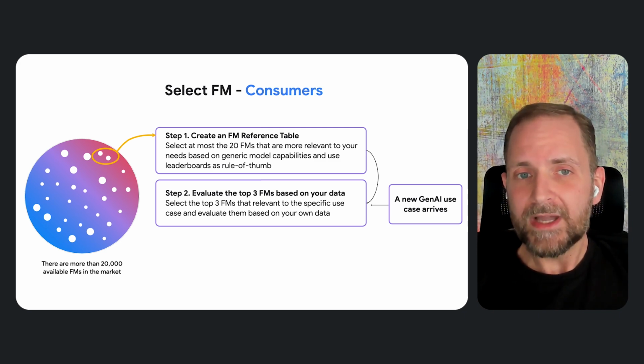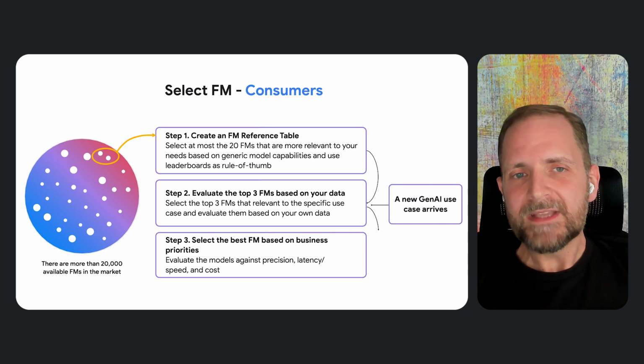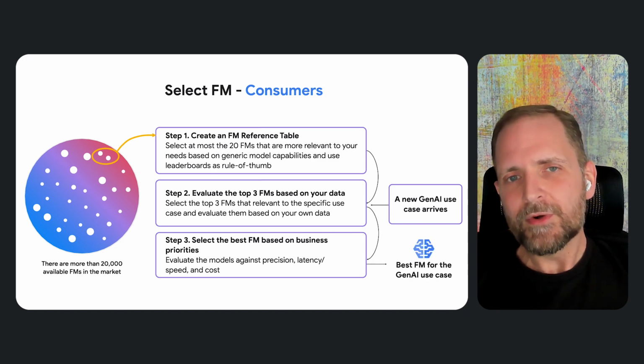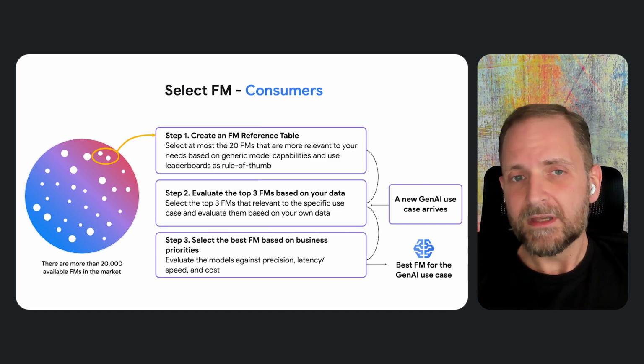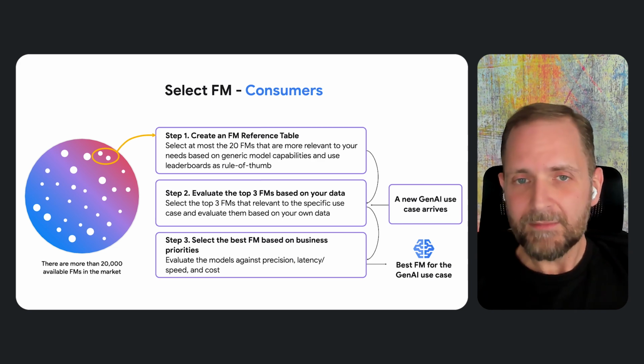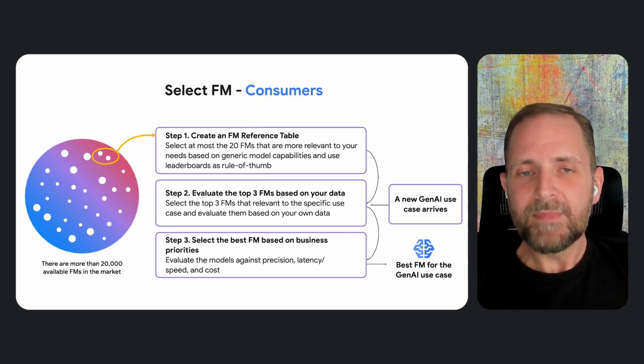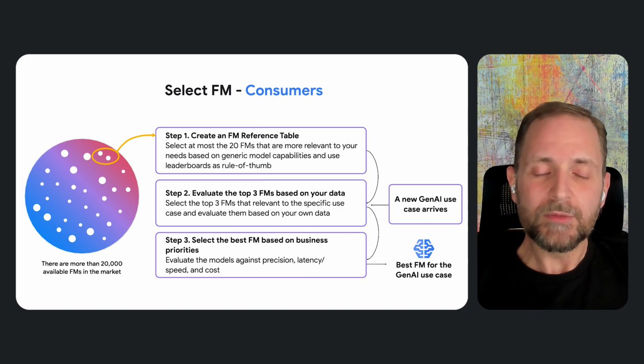So we need to conduct a deep evaluation of the top 3 models that we can find, and then we need to select the best model, not only based on the performance in terms of precision, but we need to check other business metrics like latency or cost. And after the combination of precision, cost, latency, and other parameters that we might have, we select the best model for this particular use case that we need to implement.